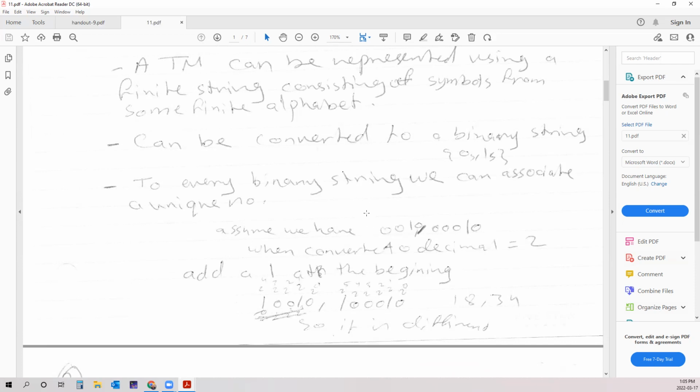If we add a 1 at the left of the zeros, are they the same? No, they will not be the same. They will be 18 and 34. So if I have the strings 0010 and 00010, mathematically they are the same, but as strings, they are different. If I add 1 here and 1 here and find them different, then they are different.